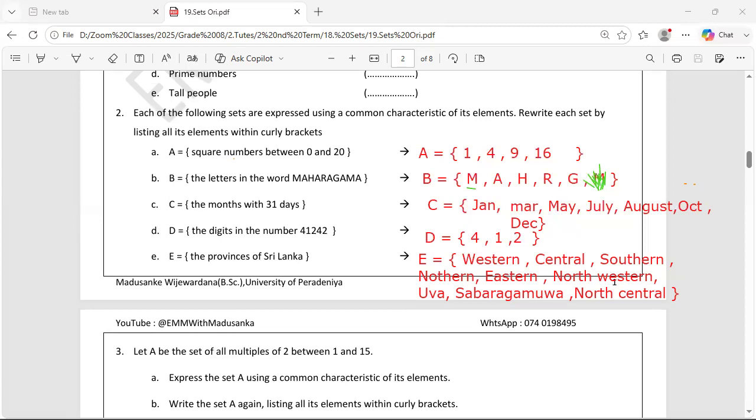Send me D once you have completed. This lesson is not hard, very easy.